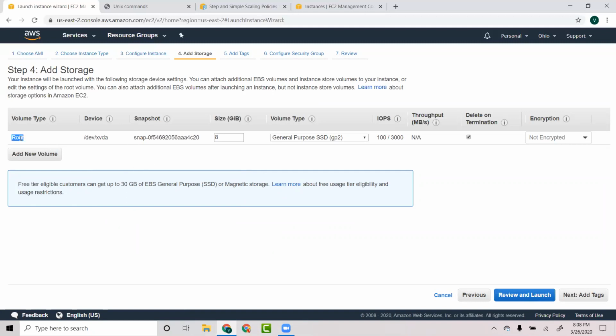So this is your root device volume, and here you can specify: do you want general purpose SSD or magnetic or provisioned IOPS? You can specify how many IOPS you'll be getting, and your throughput. Delete on termination, guys, take a look at this one here. Delete on termination means, do you want your hard disk to be deleted when an EC2 instance is terminated?